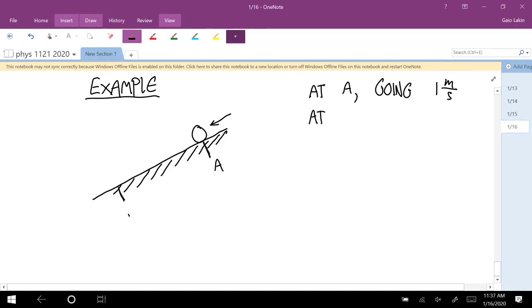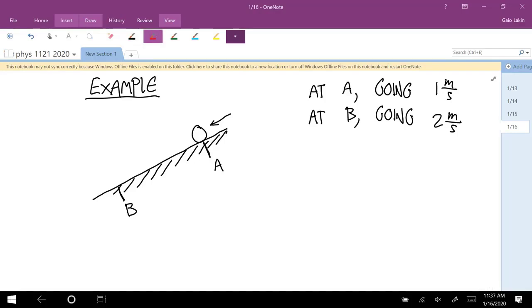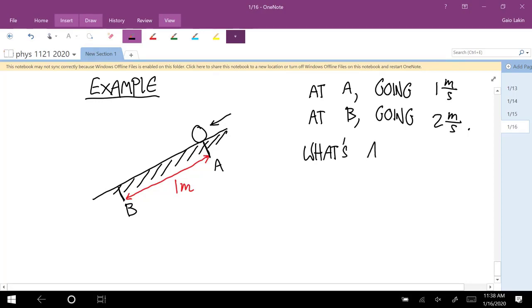When it gets to the point B, it's going 2 meters per second. And let's say the distance between these 2 points is 1 meter. What's the acceleration of the ball?